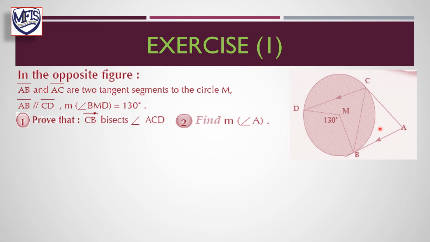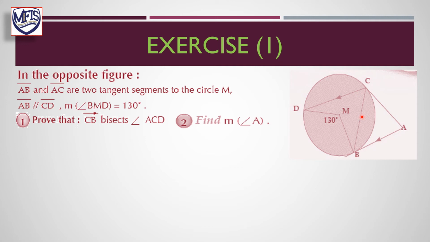Now let's start. At the beginning I have angle DCB, an inscribed angle subtended by arc BD, and also angle BMD, a central angle subtended by the same arc. Then measure angle BCD equals 130 divided by 2.